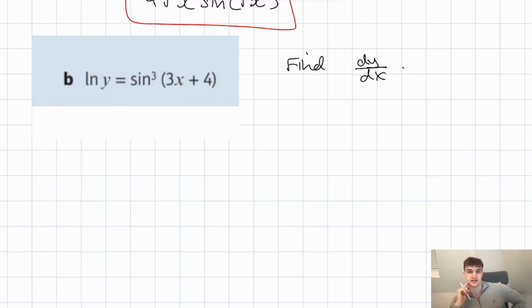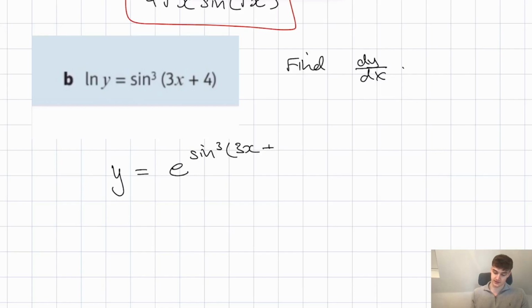And again, this is what I was saying, you may get to the point where it becomes a bit easier to do these things. Oh, and this one's actually slightly sneaky because I've just realized that this is a ln y. So first we probably want to write it as y in terms of x. So if ln y is sine cubed of 3x plus 4, y is going to be e to the power of sine cubed 3x plus 4.